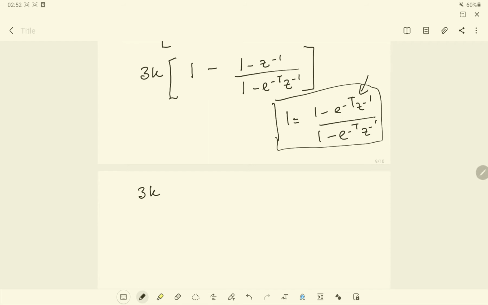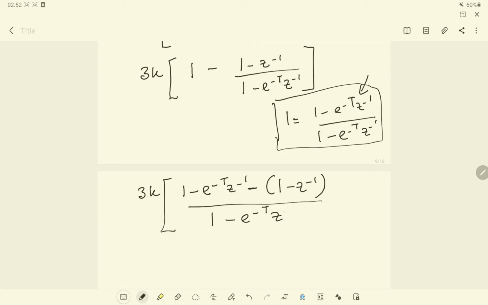So I will just explain it. From here you write it down, you will get (1 minus e to the power of minus T z inverse minus (1 minus z inverse)) over (1 minus e to the power of negative T z inverse).